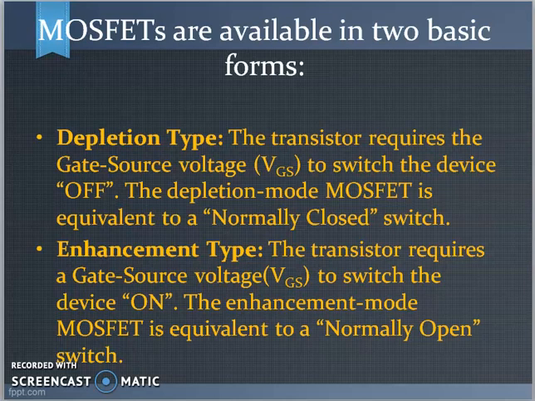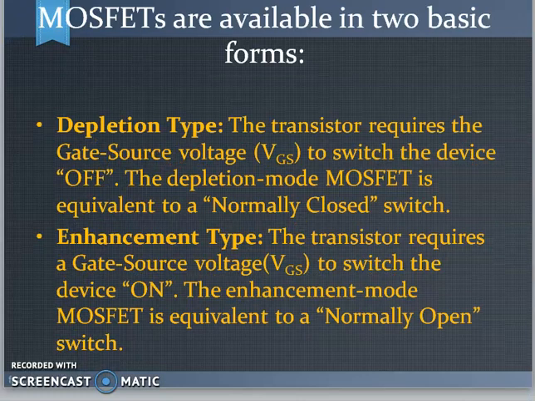The depletion mode MOSFET is equivalent to a normally closed switch. Enhancement type: the transistor requires a gate source voltage to switch the device on. So, the enhancement mode MOSFET is equivalent to a normally open switch.